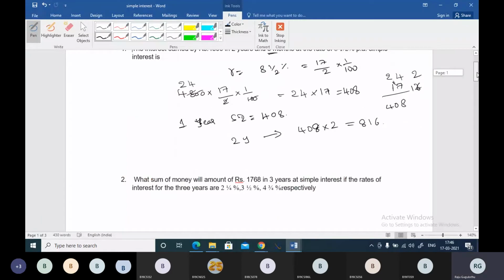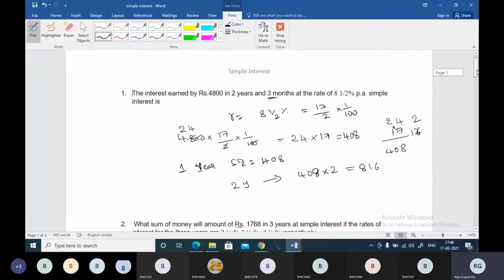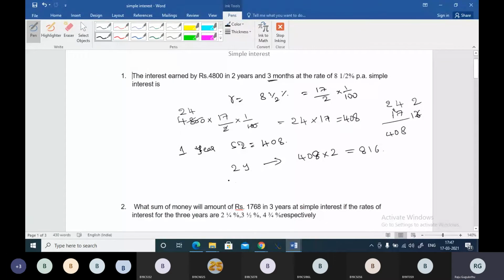So we will be finding the simple interest for 3 months. See, for 1 year, for 12 months, the simple interest is 408. For 3 months the simple interest will be question mark. By cross multiplication it is 408 into 3 by 12, so 3 fours, it's 102. This is 102, not 104.